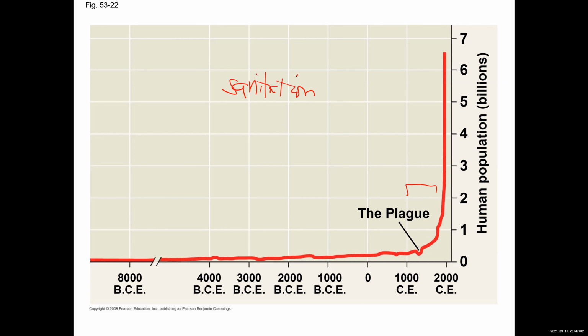We had an increase in food production. Right? So people are actually getting a lot more food to eat. And healthcare improved dramatically. So we invented antibiotics and vaccines.